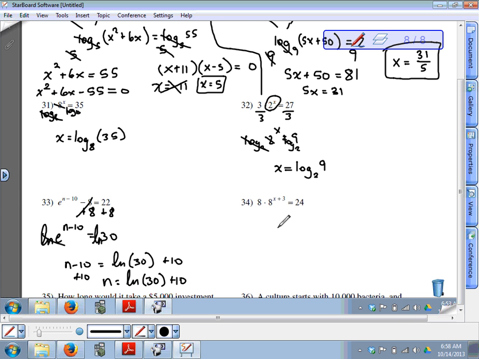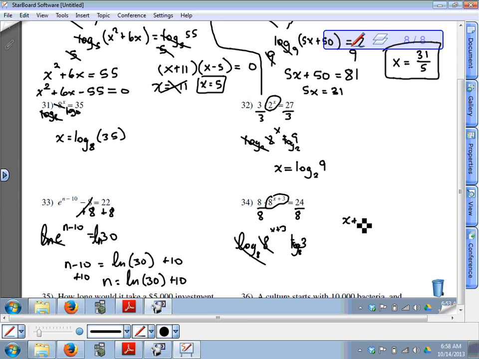plus 10. For number 34, we need to isolate this expression here, 8 to the x plus 3, so we need to divide by the 8. And we have 8 to the x plus 3 is equal to 3. Now we can use a log base 8 on both sides.